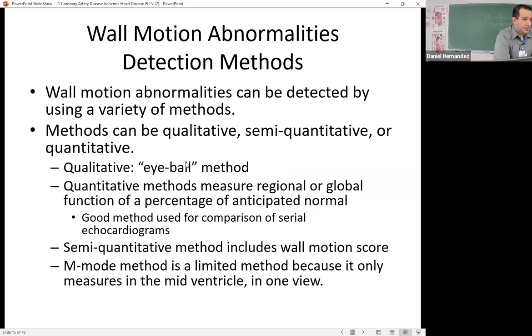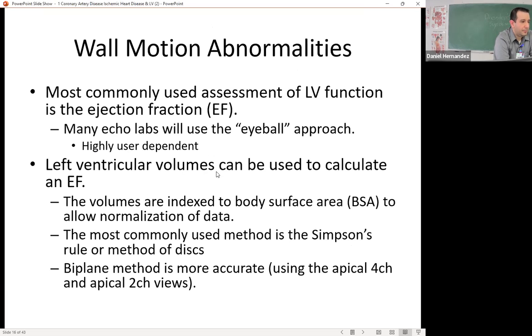So qualitative is going to be our eyeball method. That's probably the most common method that you're going to be using, just assessing the ventricular walls, looking for your wall motion abnormalities, which wall segments are involved, and then correlating that to your coronary artery perfusion charts. A commonly used assessment of LV function is going to be the ejection fraction.